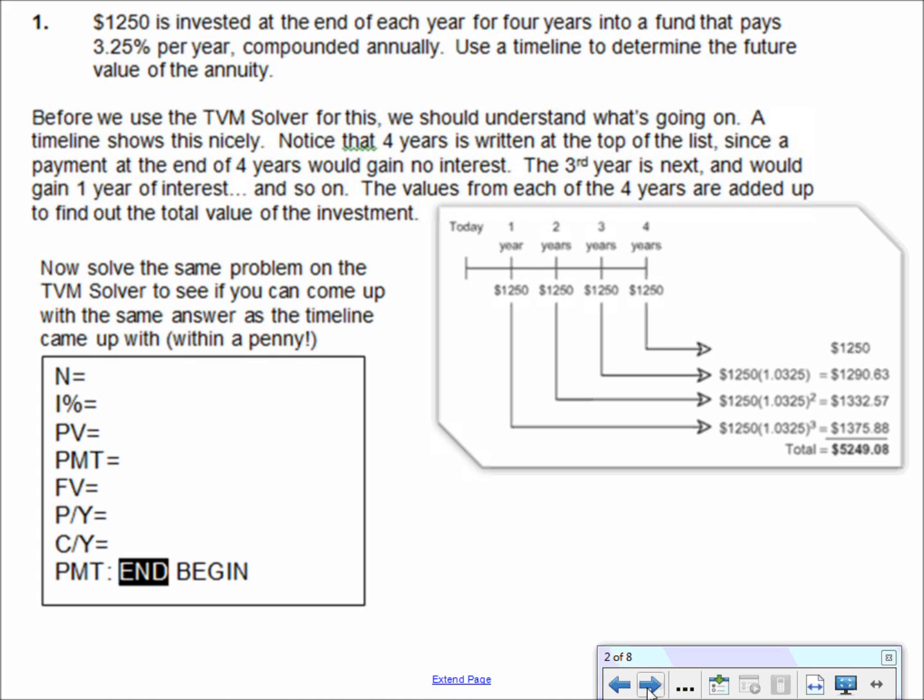Remember our basic equation, or FV equals PV, it's right up on there. The only thing that changes here is your n would change for year 1, year 2, year 3, and then you add everything up. Does that make sense for how you do it table-wise? Now, of course, we're not going to use the table right now. We're going to use our graphing calculator.